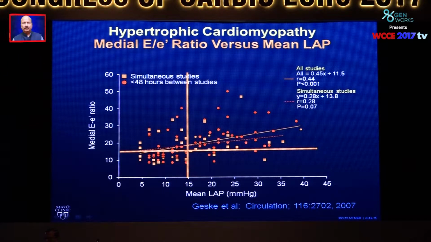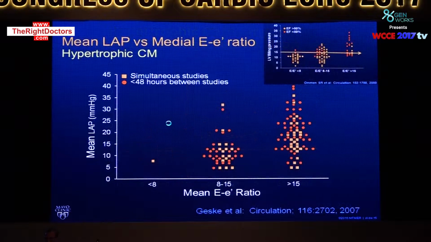But if you look at this diagram, or scatter diagram, very closely, it's interesting that if E/E prime is less than 15, really no one has high filling pressure. If you look at the other way, this is the E/E prime in hypertrophic cardiomyopathy, and this is filling pressure. And this is, I already showed you before, with non-hypertrophic patients.